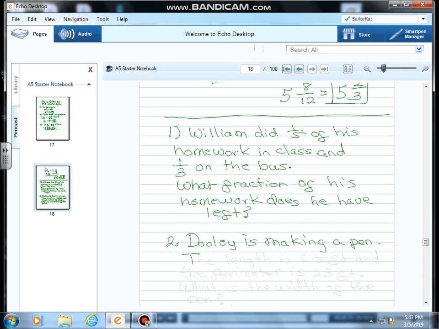The length of the pen is 6.5 feet. And the perimeter is 23 feet. What is the width of the pen?